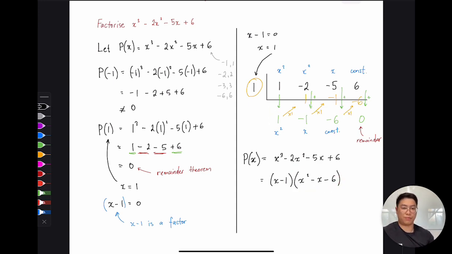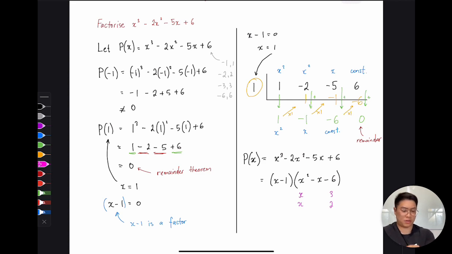Now, we want to break this up into its smallest constituents as possible, meaning 3 linear factors. So this section here can be broken up further by doing quadratic factorization. Here I'm going to use the cross method. I'm going to choose 3 and 2 for our factors.